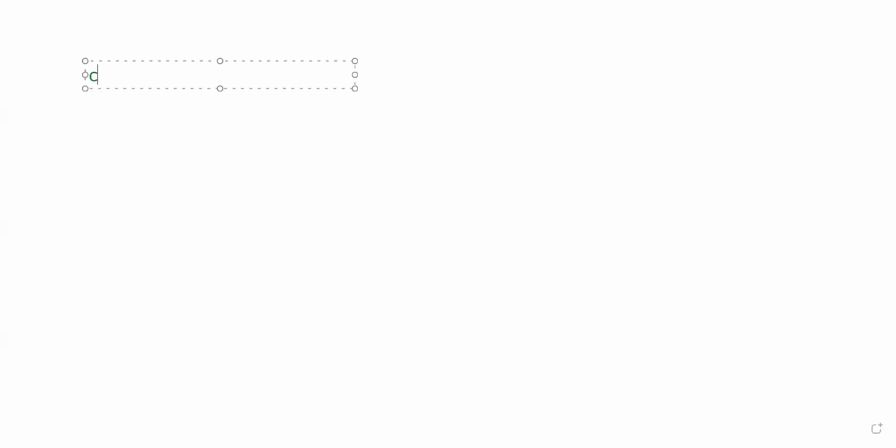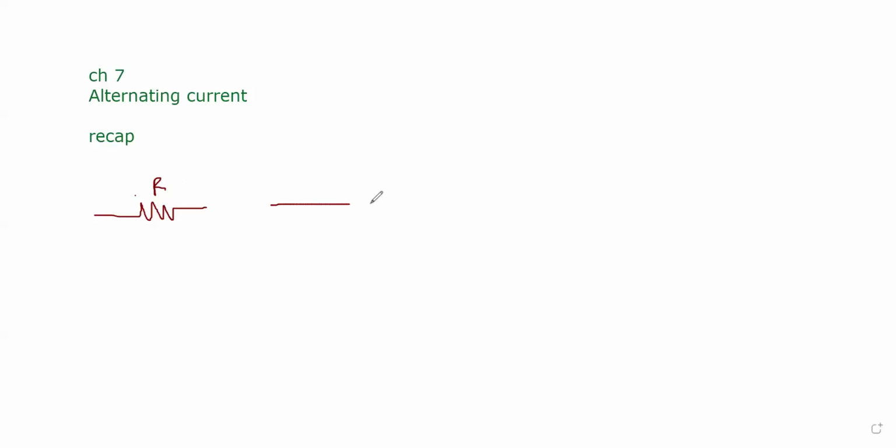So we are continuing chapter 7, that is alternating current. For a fast recap: in the case of a resistor, there is no phase difference between EMF and current.